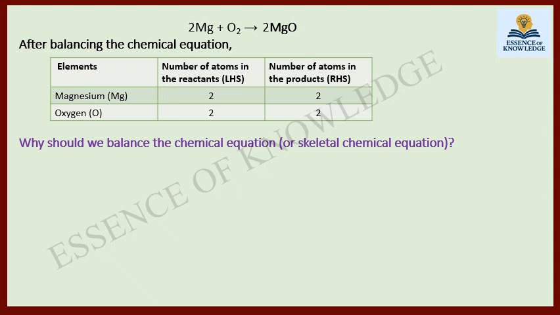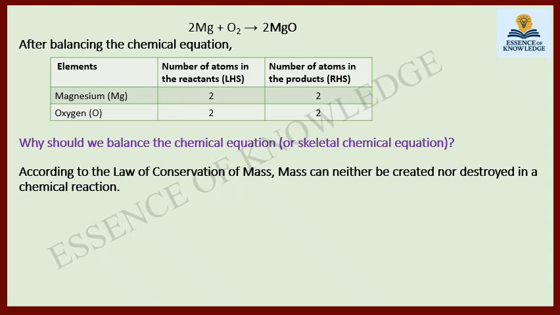And why should we balance the chemical equation? What is the necessity to balance the chemical equation? Yes, there is a need for it. According to the law of conservation of mass, mass can neither be created nor destroyed in a chemical reaction.